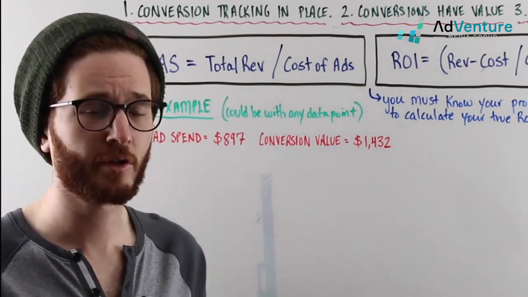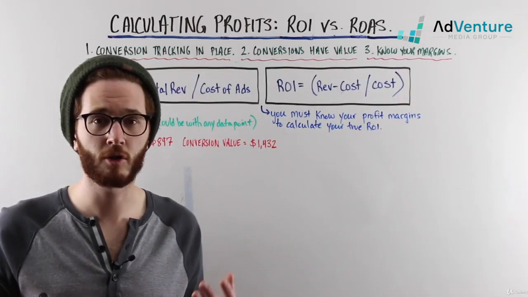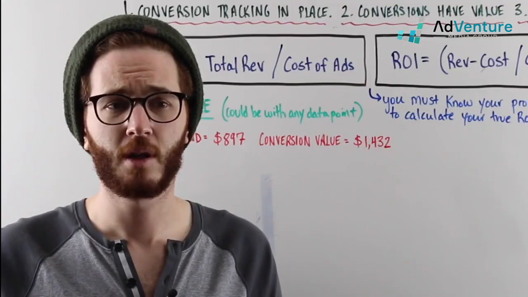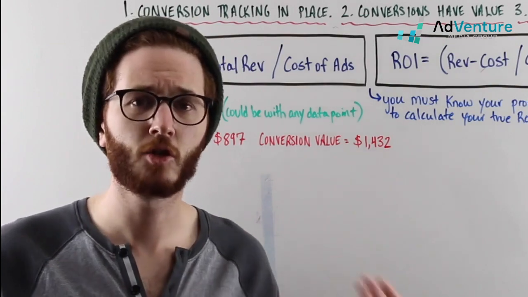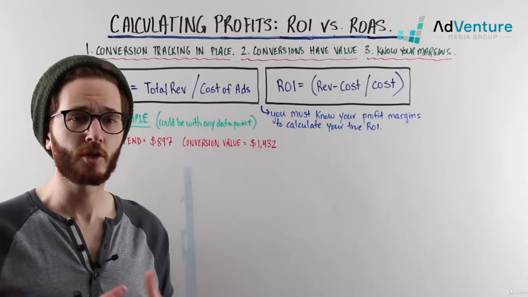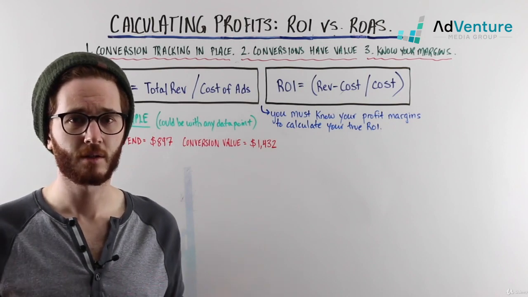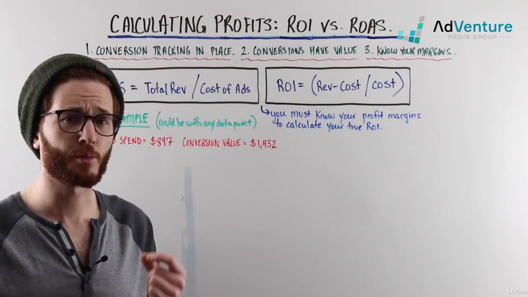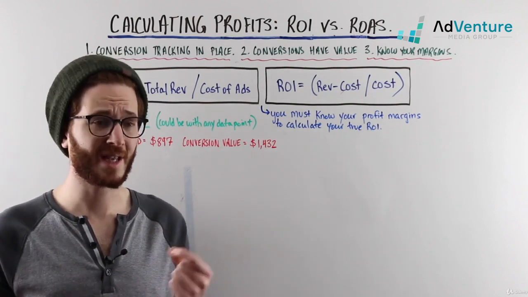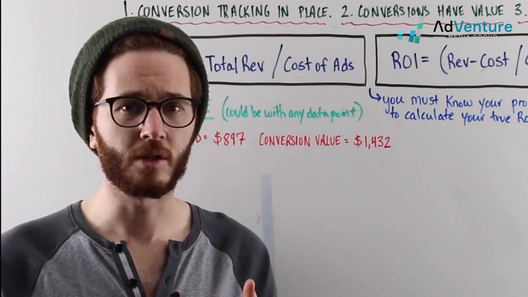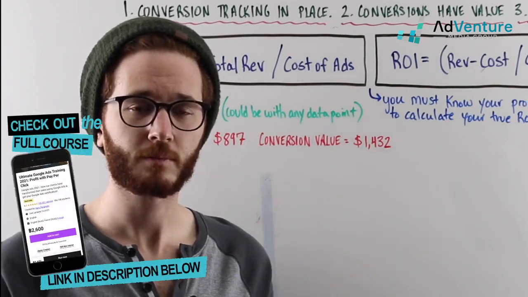Okay, so for example, if you're an e-commerce store and you sell physical goods and you sold 10 items that cost the consumer $10 each and you're using that conversion tracking to track those values, so your value is $100 for those sales. But that's not necessarily the profit your company got, because for example, let's say you only make a 50% profit margin because you have to buy the goods and there's a cost of shipping.